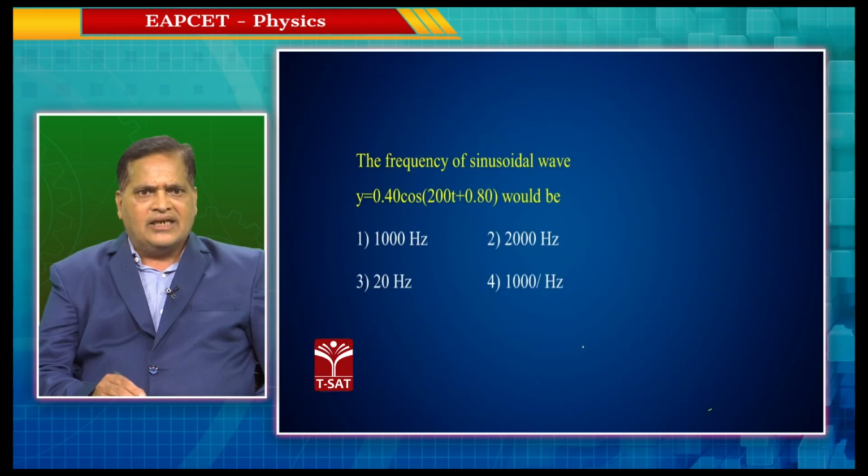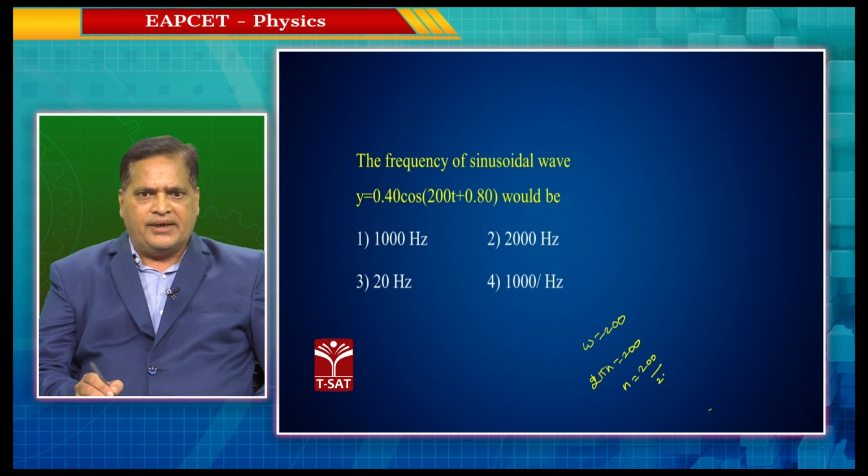You know that in 200t, omega is equal to 200. Therefore, what is omega? 2 pi n. 2 pi n is equal to 200. Therefore, n is equal to 200 by 2 pi. This is the answer.